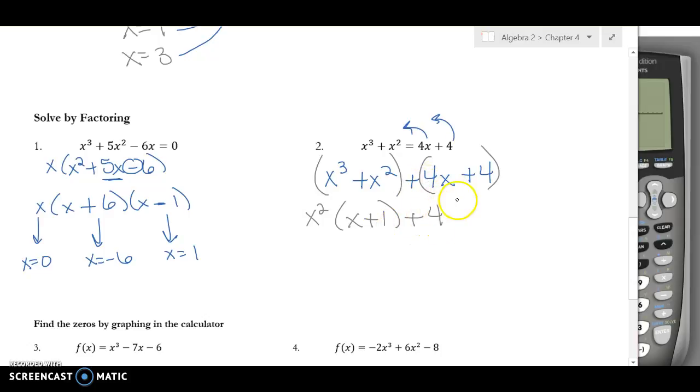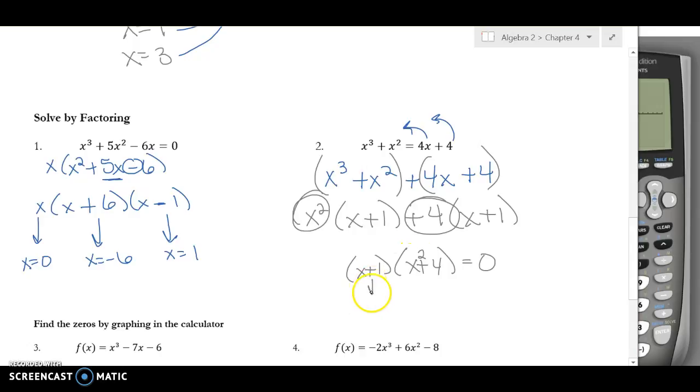And I can take a 4 out of the second one, and I'm also left with x plus 1. And so this one is going to be x plus 1. And then here it's, I'm sorry, not x plus 4, it's x squared plus 4. So this answer is -1.